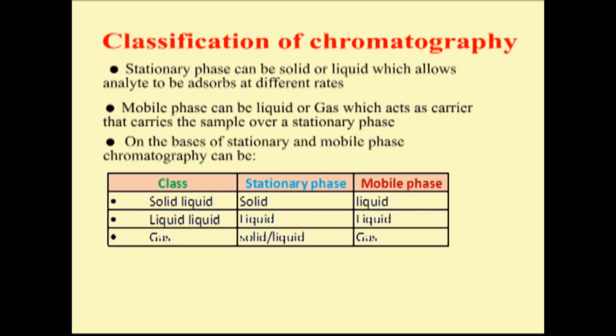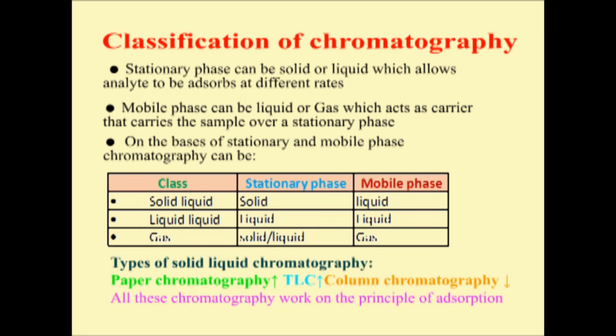In case of solid liquid chromatography, stationary phase is a solid and mobile phase is a liquid. In liquid liquid chromatography, stationary phase is liquid, mobile phase is also liquid. In gas chromatography, stationary phase can be solid as well as liquid and mobile phase can be gas.